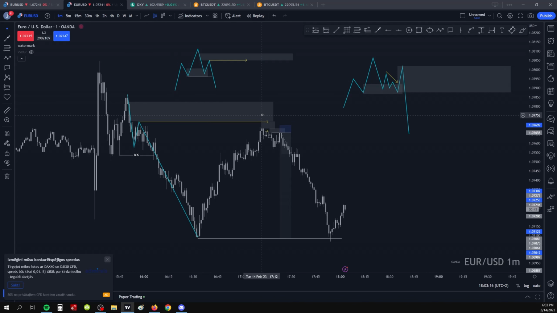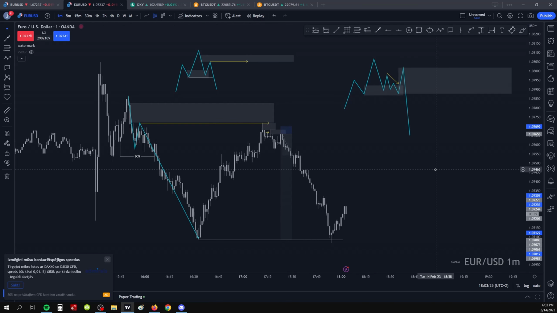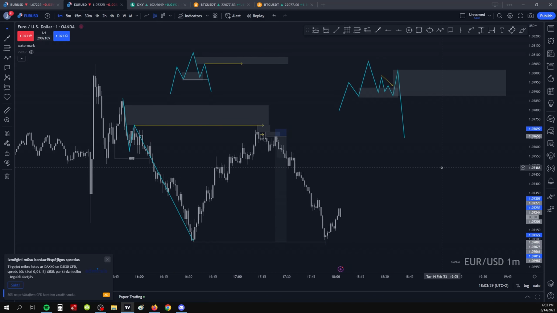Imbalance above. Liquidity creation, taken out, break, mitigation, go down. Of course, hindsight, but it doesn't matter. This is what happens all the time. Valid.